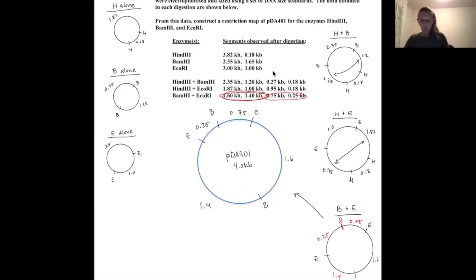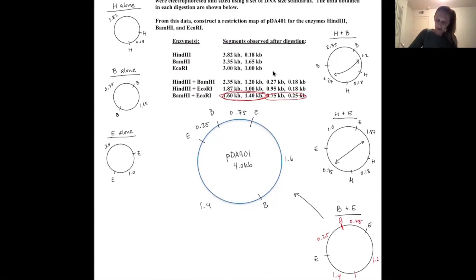So what I'm going to look for is, hold on, I need to get my calculator. So I'm going to put 1.6 plus 0.75.